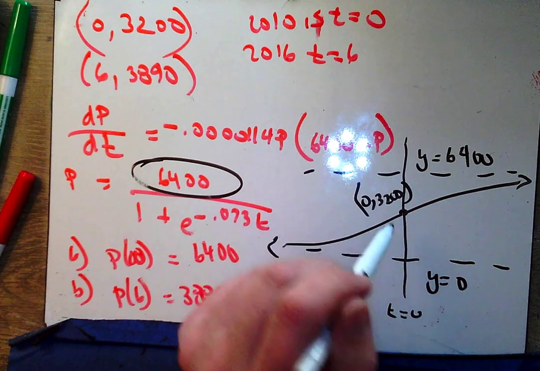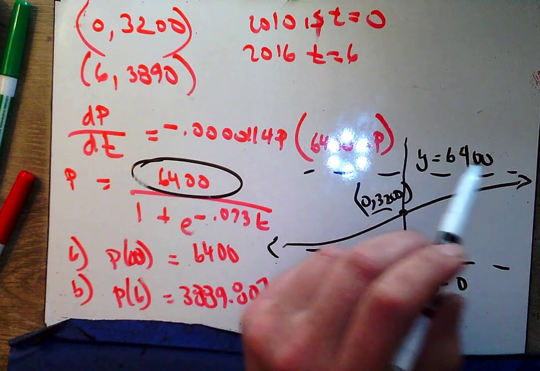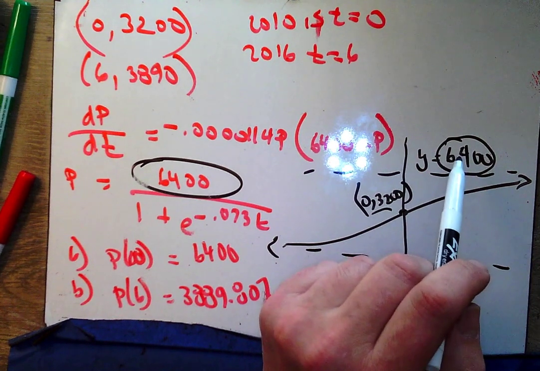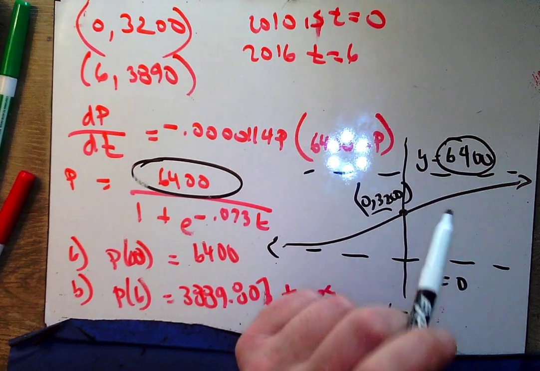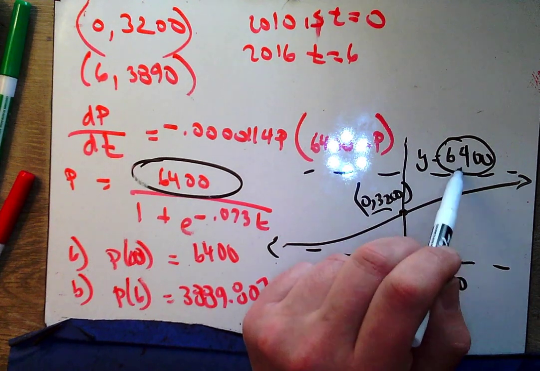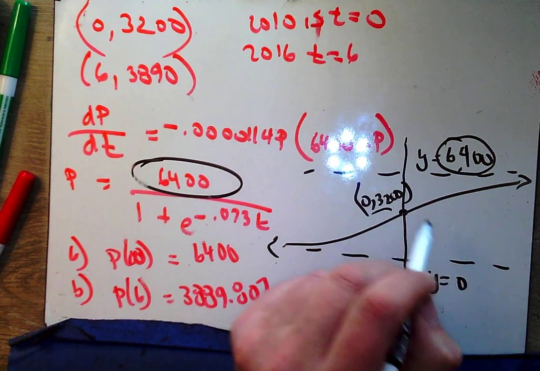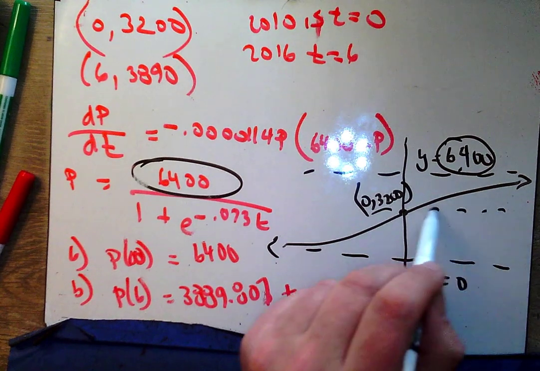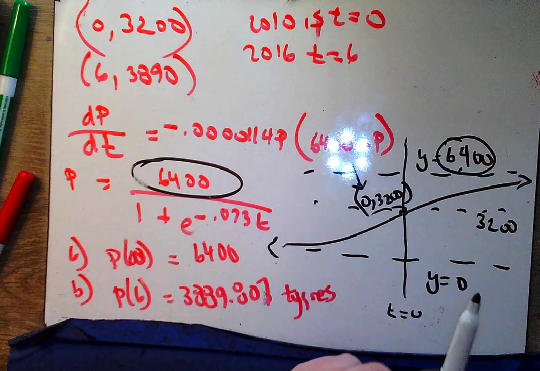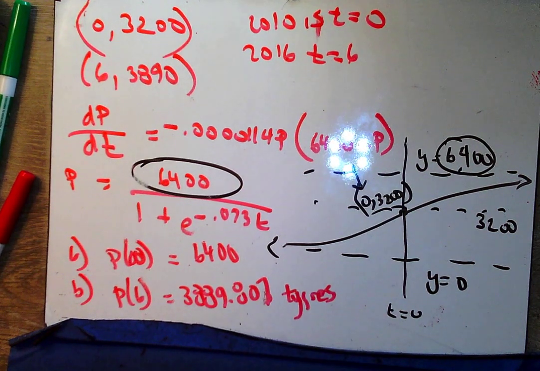I think it's around here. Maybe it's even here. Well, we learned that the rate of change will always be greatest at the output value of this divided by 2. And that's this line here, 3,200, which in fact occurs at t equal to 0.